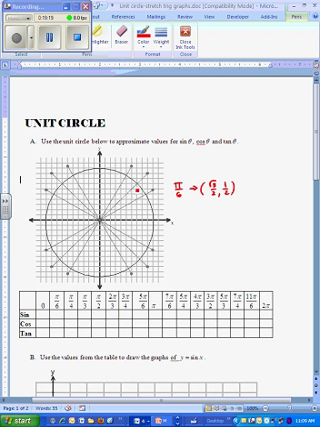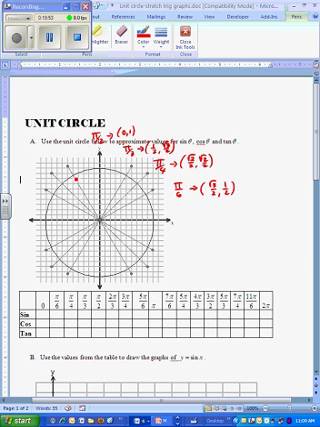Then this one would be isosceles right triangle, which would be my pi over 4. So at pi over 4, I'm going to be same for the x and y coordinates. And then this one would be pi over 3, which would give me 1/2, comma square root of 3 over 2. And this one, we should use this one as well. This one's pi over 2, which gives me 0, 1.